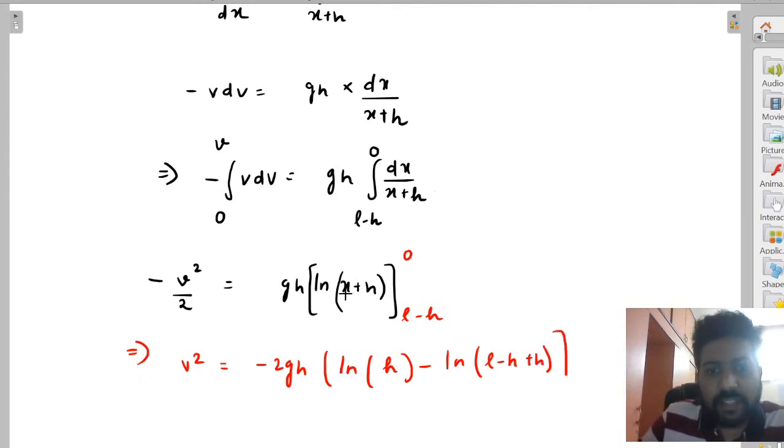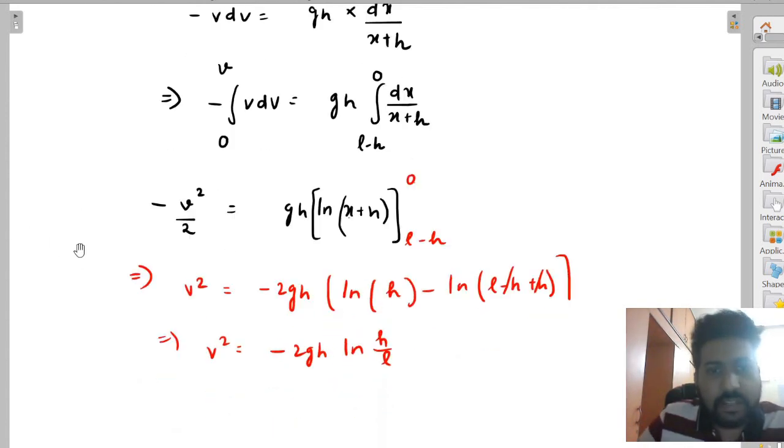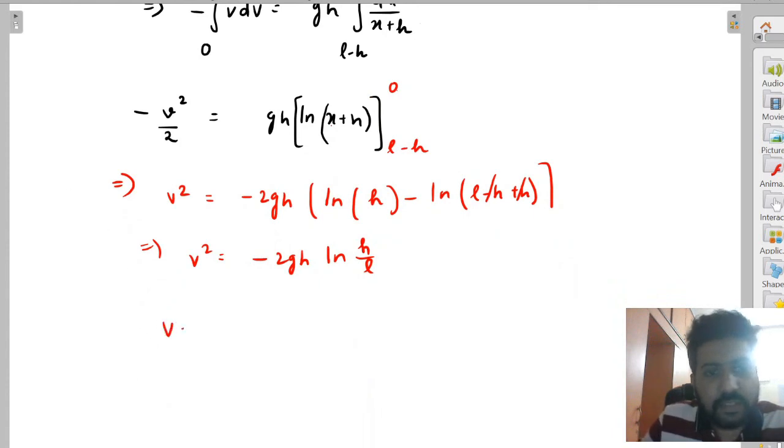Just first put x = 0, then put x = L - h. So from this you will get v² = -2gh ln(h/L). Now if you take this minus inside, you will get v = √(2gh ln(L/h)).